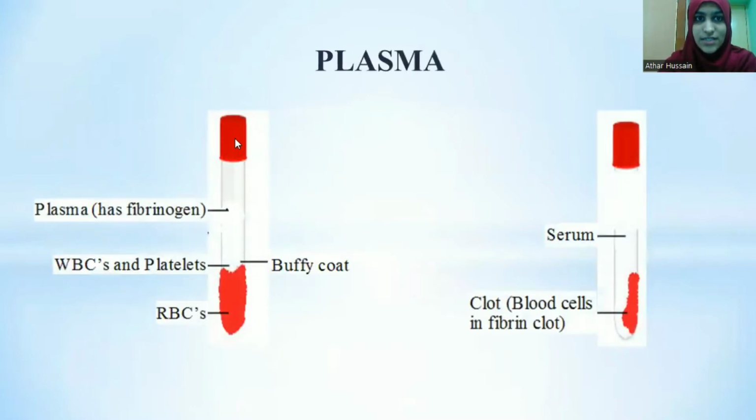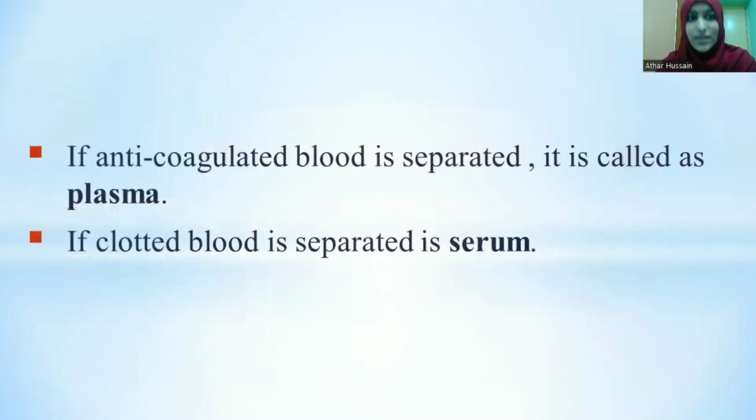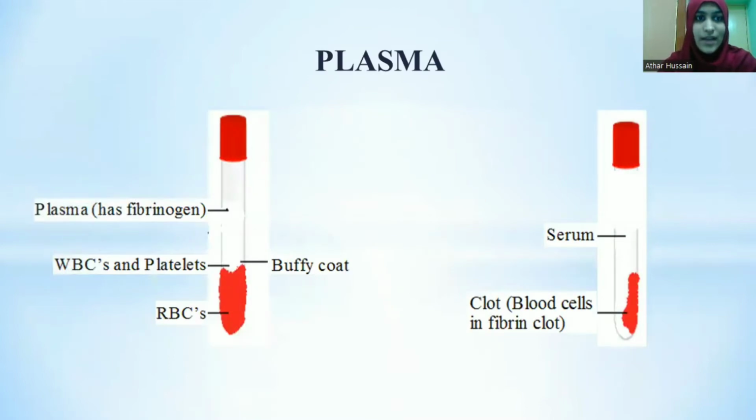In this picture, you can see two different test tubes or containers. You can tell here plasma has fibrinogen. That is, this is what type of blood? Anticoagulated blood. Anticoagulated blood has fibrinogen. That is an inactive substance.